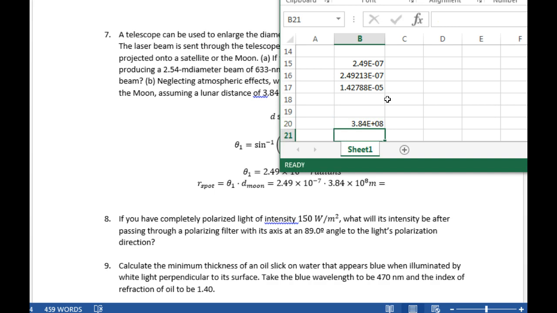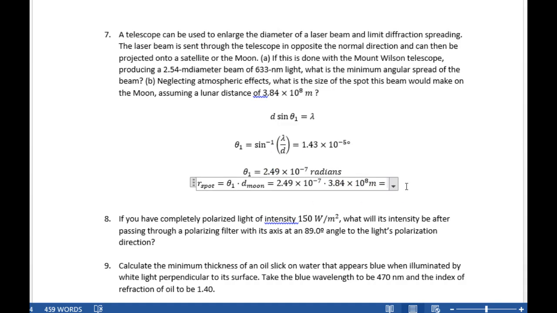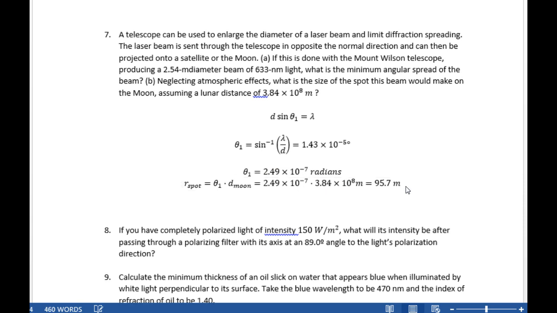Our distance to the moon times our angle in radians gives us 95.7 meters. That is the radius of the spot, right?